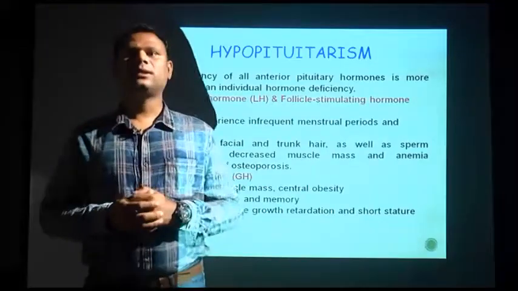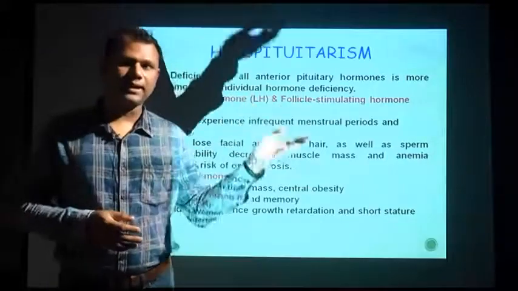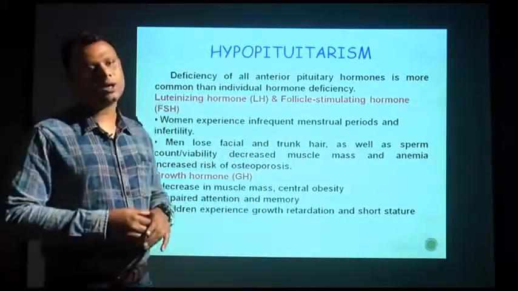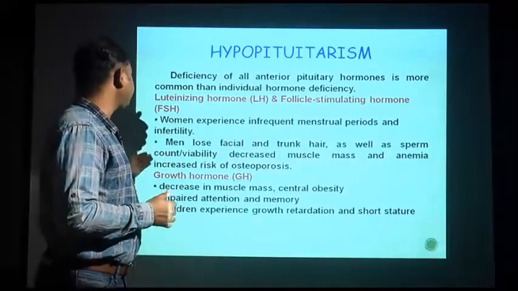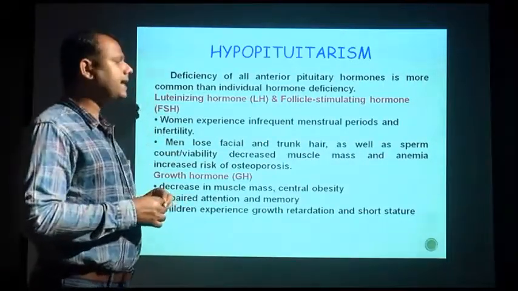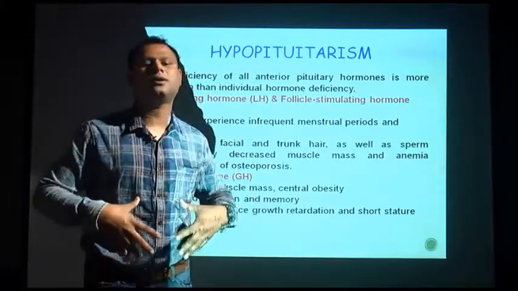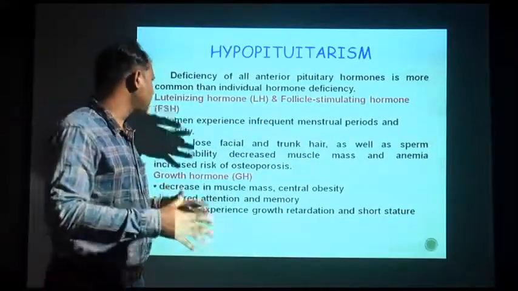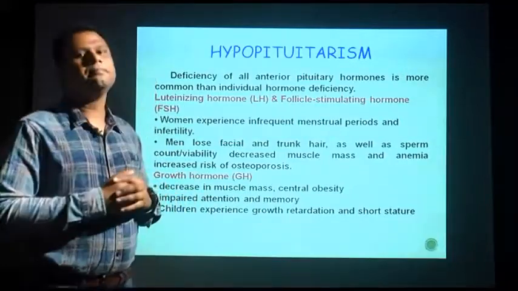Similarly, if the anterior pituitary is affected, as in panhypopituitarism, the level of growth hormone goes down, resulting in decreased muscle mass and central obesity. Central obesity means the body proportion will not be proper, so there will be trunk obesity, along with impaired attention and memory.